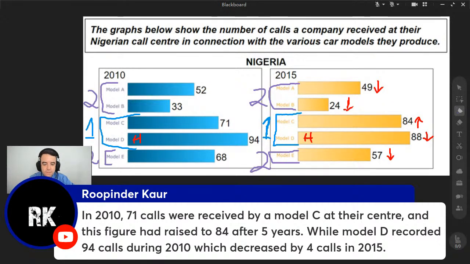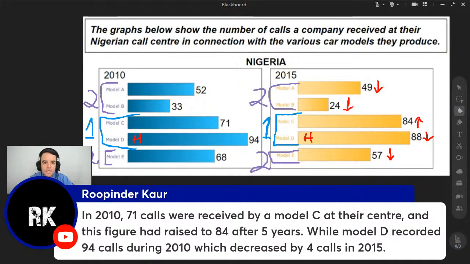So were received in relation to the Model C car at that call center. And this figure rose, you just pass simple, you don't need past perfect here, rose to 84 after 5 years.